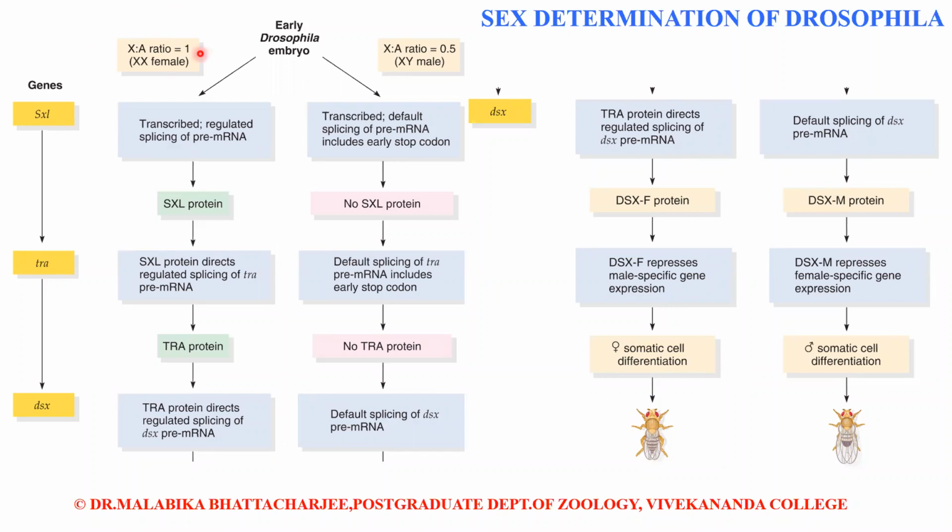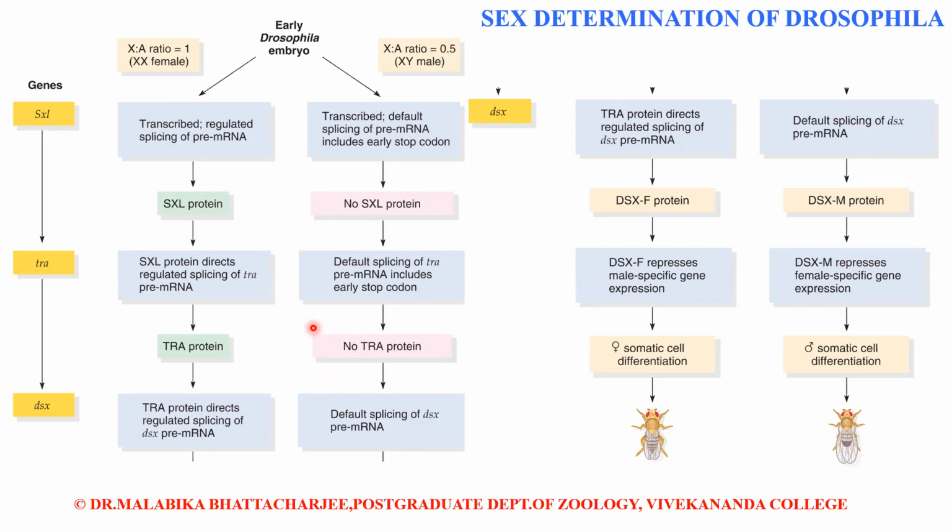So the whole cascade starts only when we have the sisterless homodimer formation. That is where the cascade starts. In case of male, there is no sisterless homodimer formation. Default transcription, no SXL protein. In absence of SXL, no TRA protein.